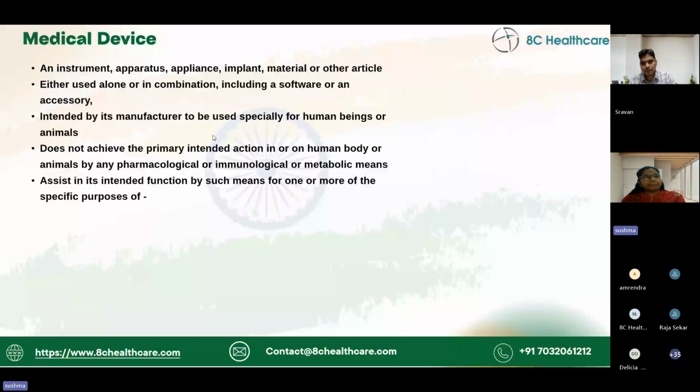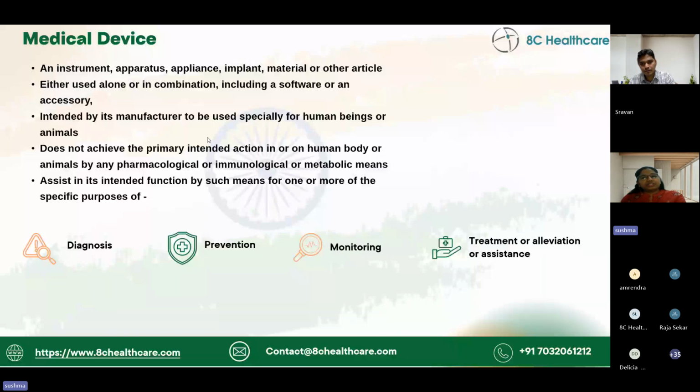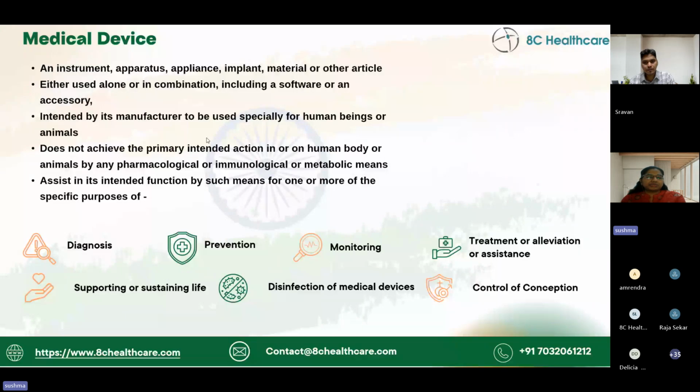It should have a secondary impact for special purposes, like it should be used for diagnosis, prevention, monitoring, treatment, or evaluation of assistance, supporting or life sustaining. It can also be used as a disinfectant of medical devices, and it can also be used as control for contraception. So these are a few of the factors that are used in identifying a medical device.